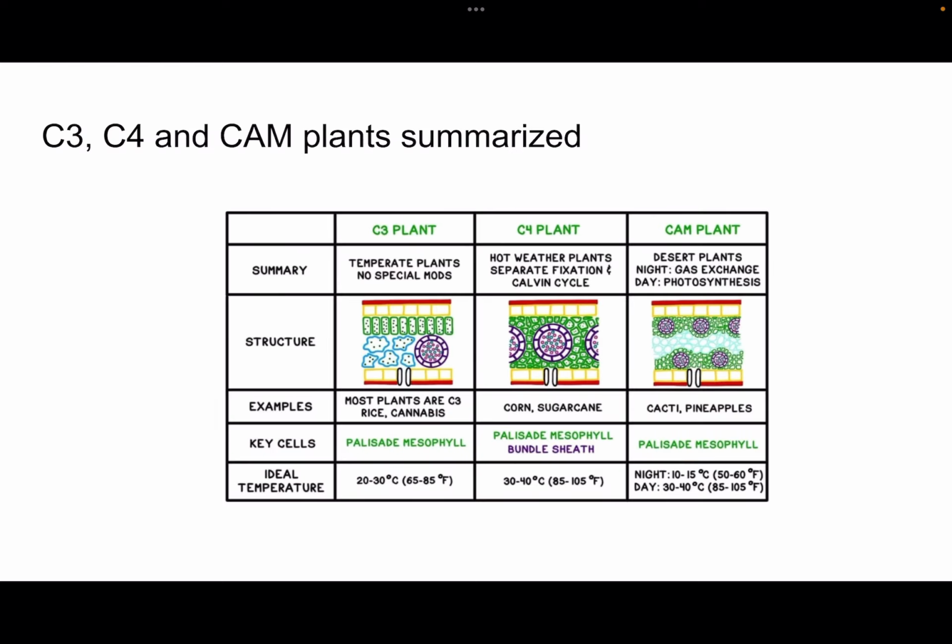To summarize, C3 plants operate with a straightforward photosynthetic mechanism but are prone to photorespiration under stress.